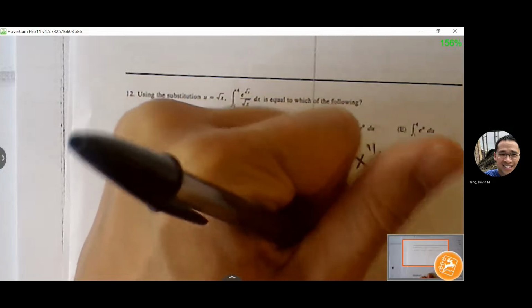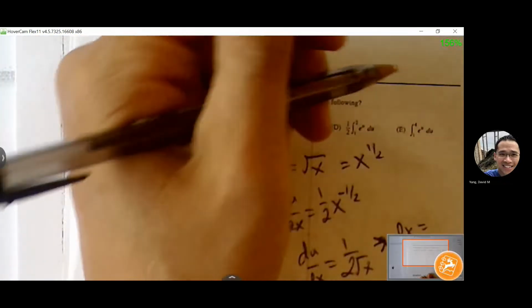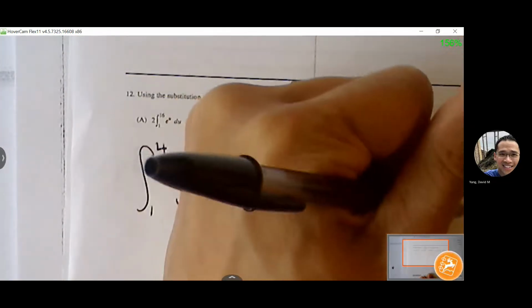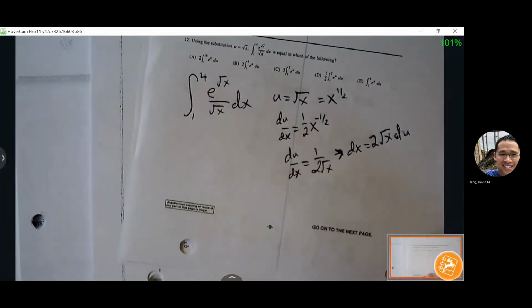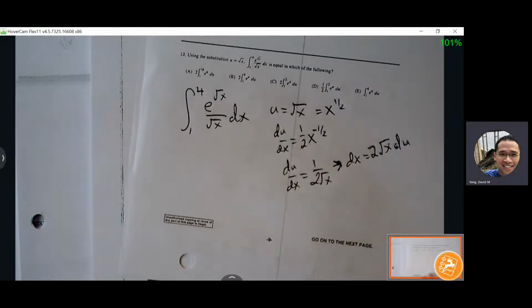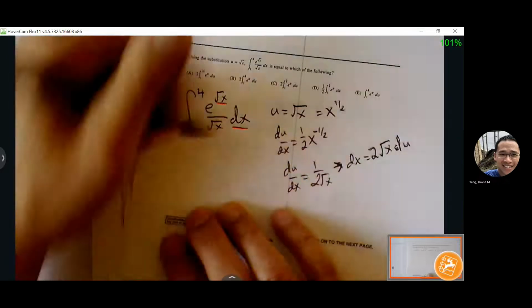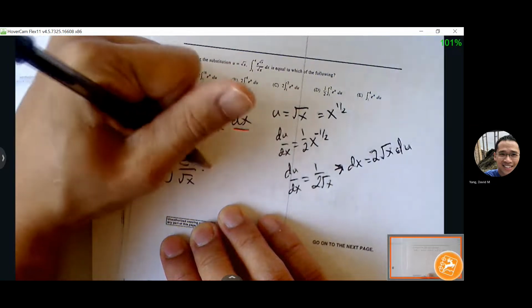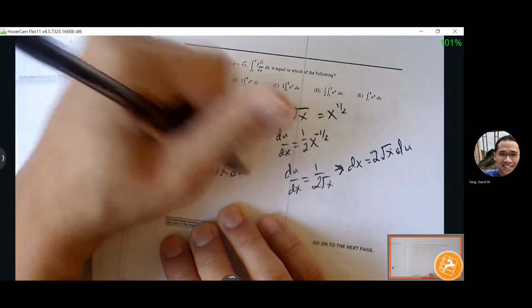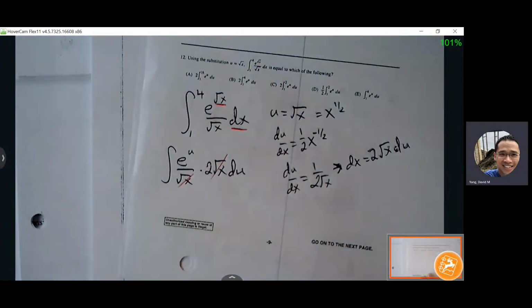Power rule. Okay, make your substitutions. The root x cancels out. 2 gets pulled out in front.